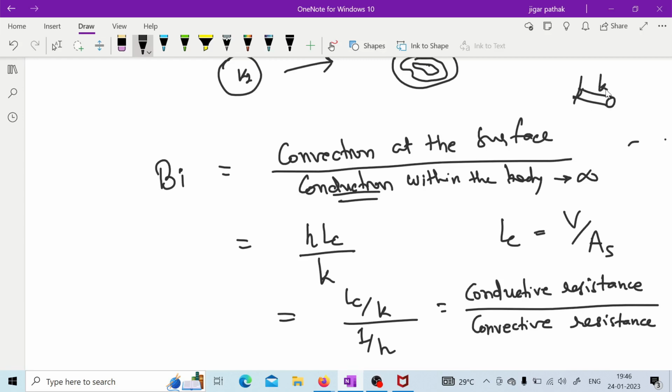For that we need K to infinity. So here also, if your conduction is almost infinite, then this Biot number will tend to 0. In that case, this lumped system will give the perfect result, right?